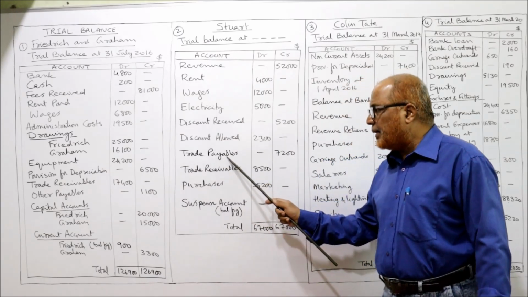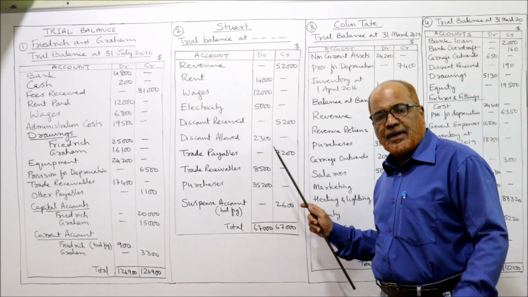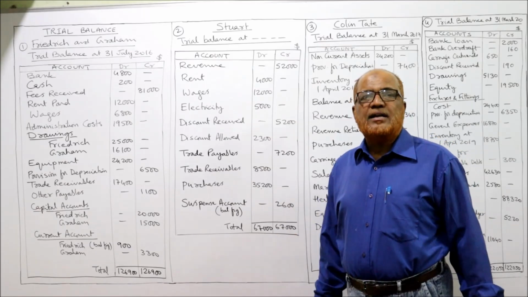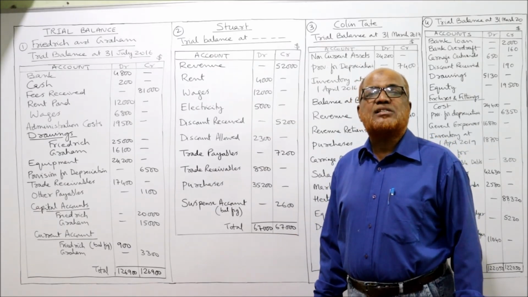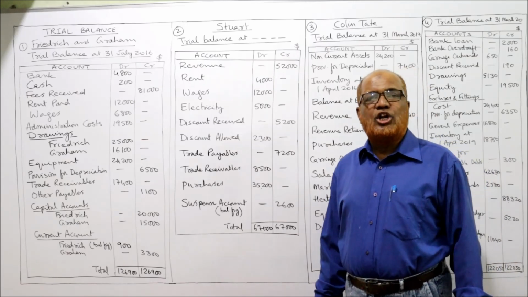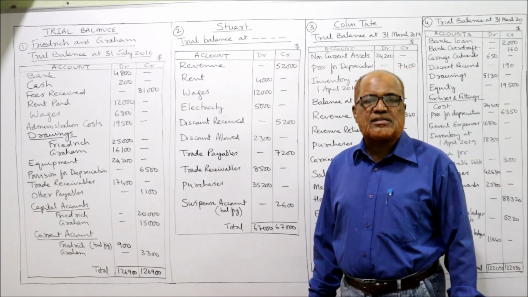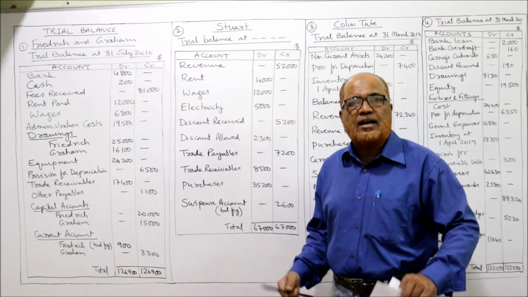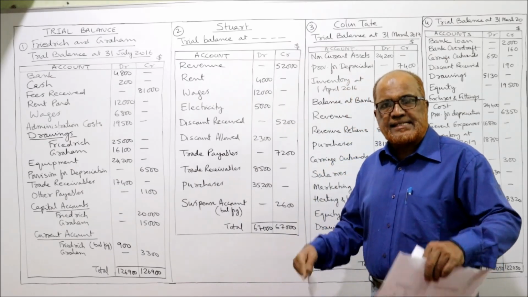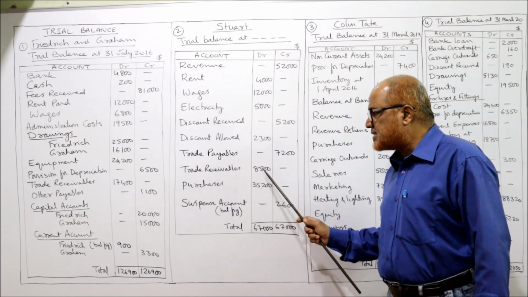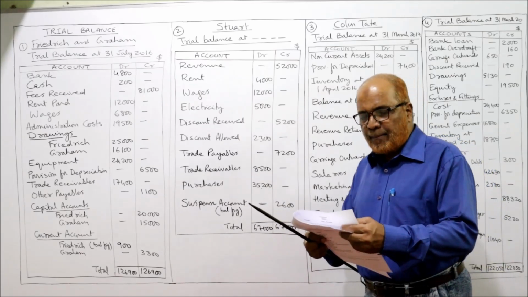So trade payable, credit side, 7,200. Trade receivable is the amount due from credit customers. That is an asset. So trade receivable, assets, debit side, 8,500.